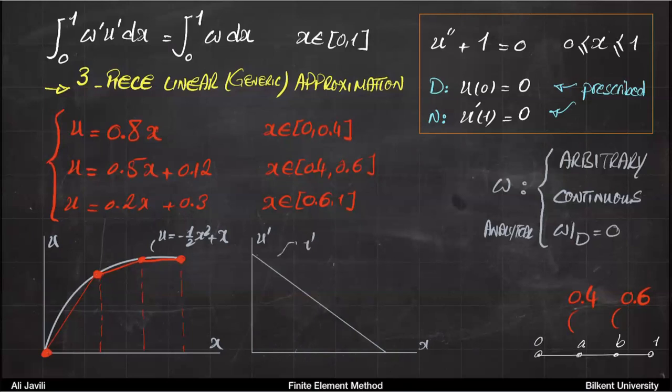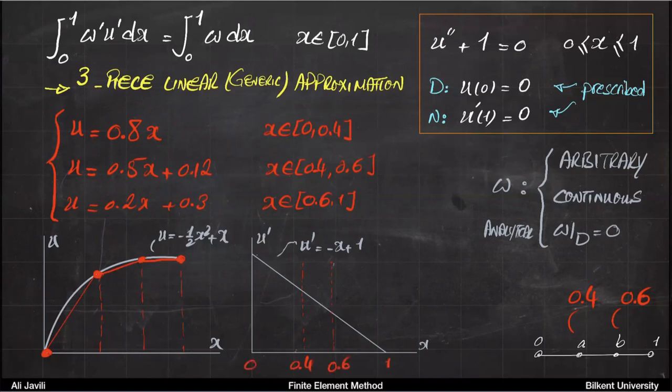So u prime is minus x plus 1. And now if you look at the derivatives of your function here, it's 0.8, 0.5, 0.2, corresponding to those three pieces. So let's say the first piece is from 0 to 0.4. So if you assume this is 0.4, and this is maybe 0.6 here. This is maybe 1. This is 0.